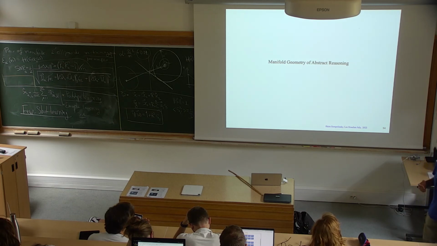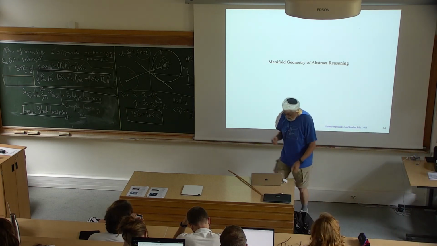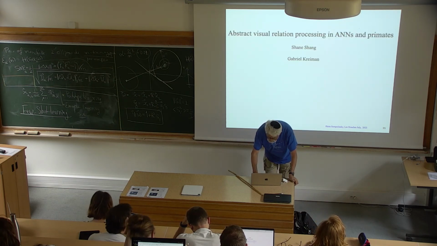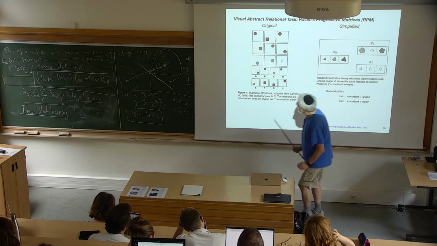What about reasoning, more abstract computations? This work is done by a student at Harvard, Chen Sheng, with Gabriel Kreiman, and I just want to show briefly what the type of reasoning problem is.